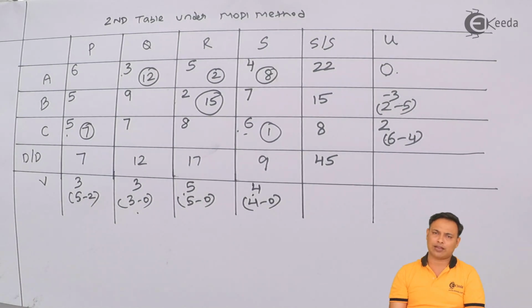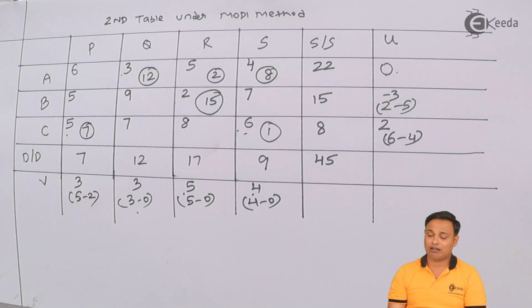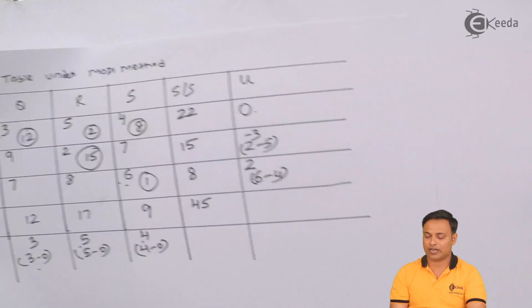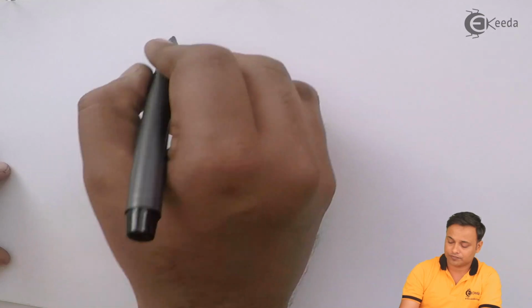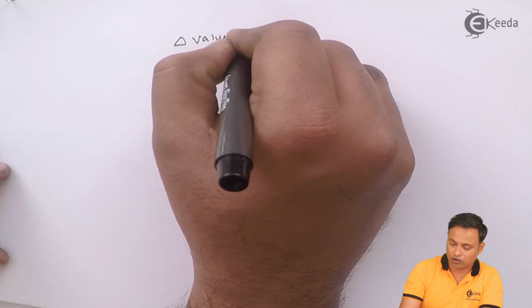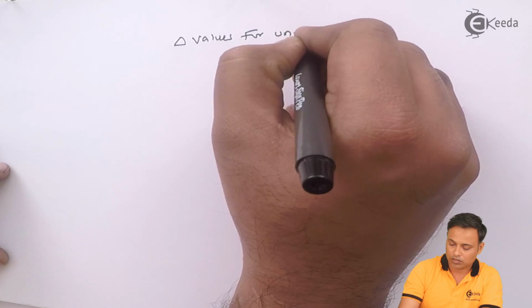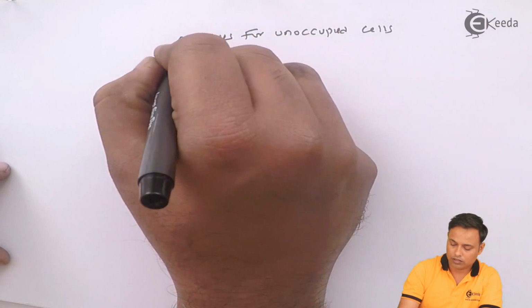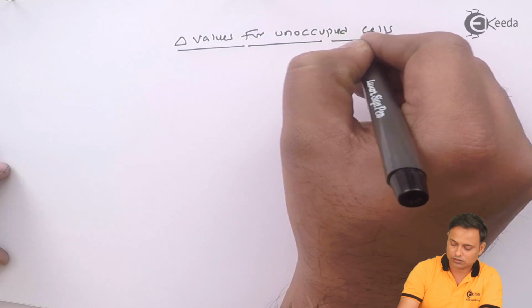Now we need to calculate again the delta values for unoccupied cells. Let's see how to calculate the delta values. We have got a formula for that. Delta values for unoccupied cells.